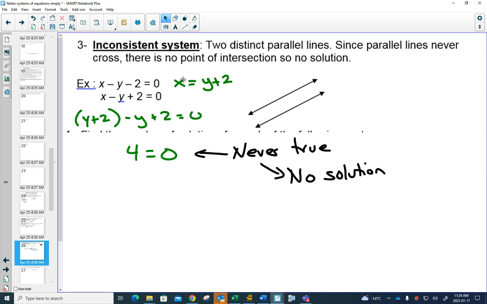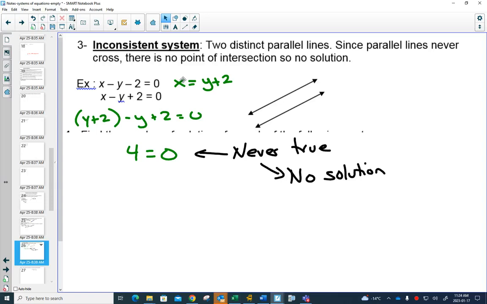Most of the ones that we do are the ones where the two lines cross each other and get an independent system. But now there are some times where the lines are the same and sometimes where they're parallel. And you will either get an infinite amount of solutions if they're the same or no solutions if they're parallel. But we need to know, what does that look like while I'm solving?